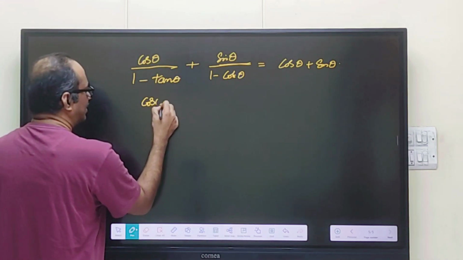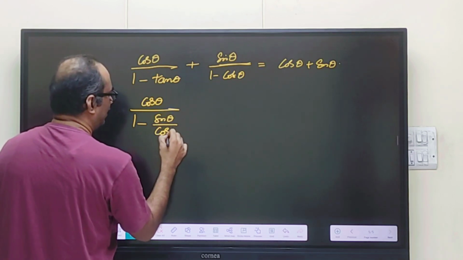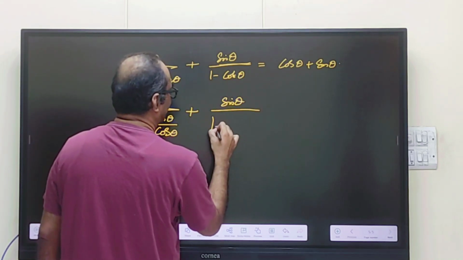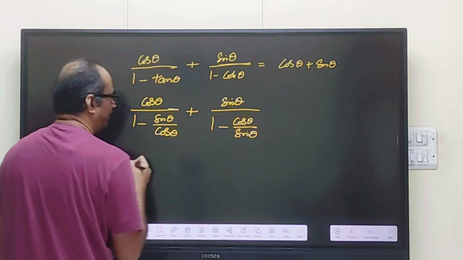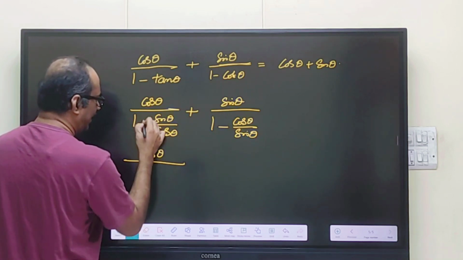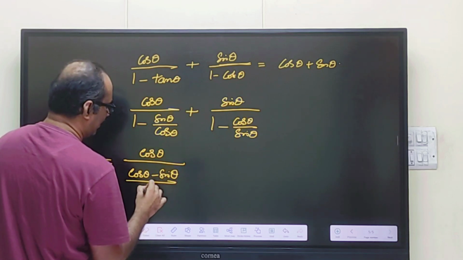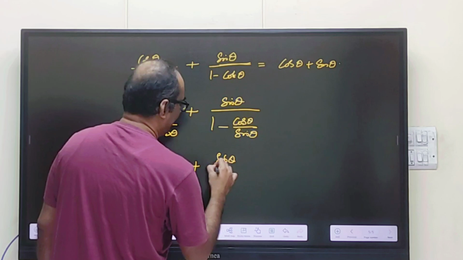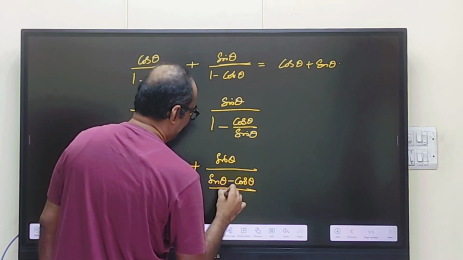So I will write down cos theta divided by 1 minus sin theta by cos theta plus sin theta divided by 1 minus cot theta, which can be written as cos theta by sin theta. When we go to the next step, we can write down cos theta divided by, take LCM here, we will get cos theta minus sin theta divided by cos theta, plus sin theta divided by sin theta minus cos theta divided by sin theta.